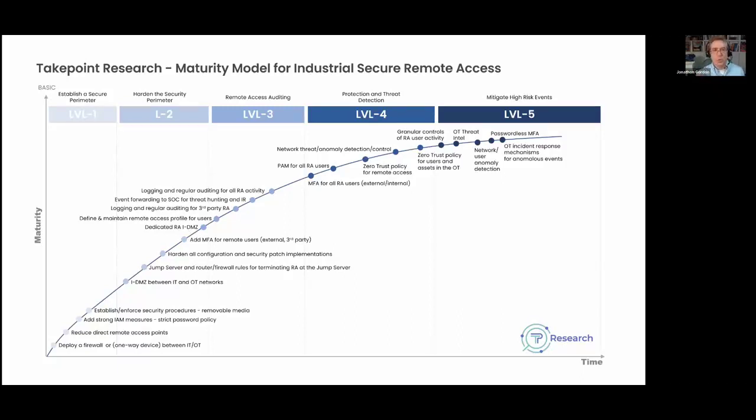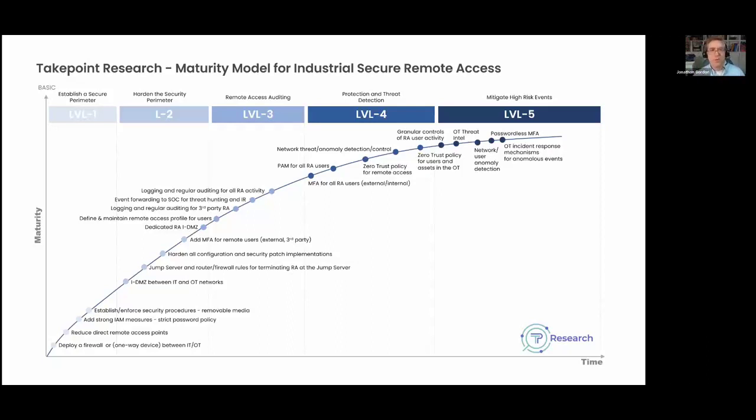And again, what's interesting is that it's very rare to find an organization that's operating all the way over here across all of their sites. What we see is that, especially in larger organizations, different sites can be at different levels of maturity. And again, the question is, what are the sites that are critical to the business, and how do we move those forward, and which ones do we not have to push all at the same time?